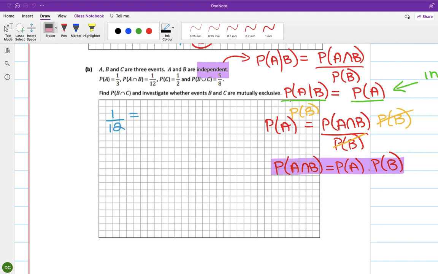The probability of A is 1 over 3, and we don't have the probability of B, so that's just subbing into this. To isolate it, I divide by a third, so 1/12 divided by a third is a quarter. That's the probability of B.